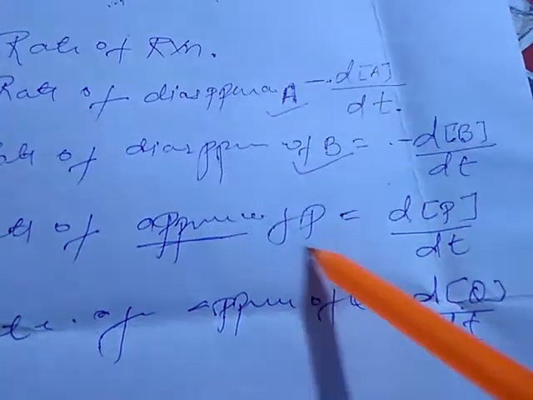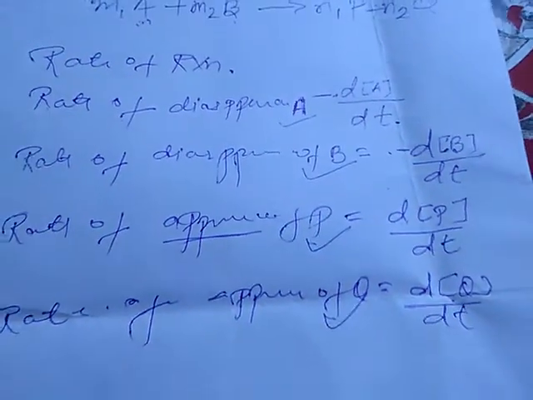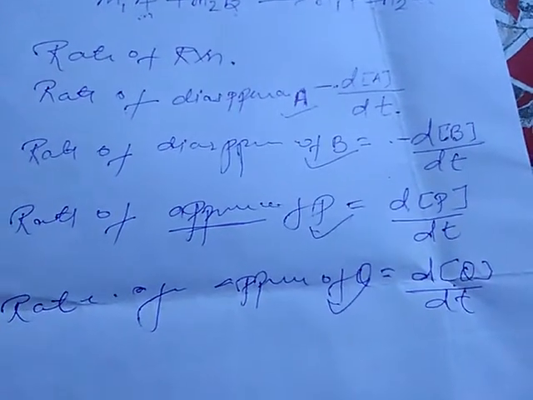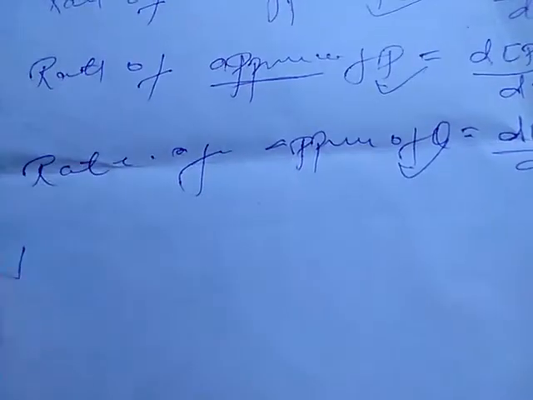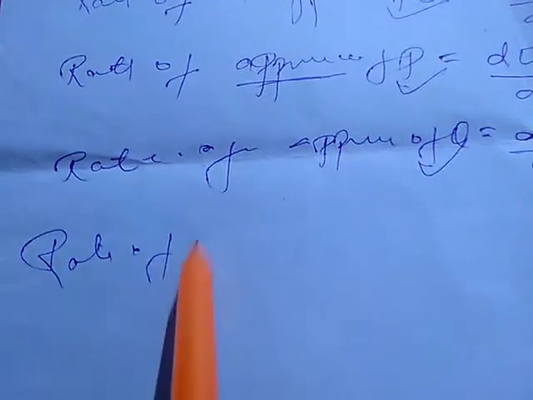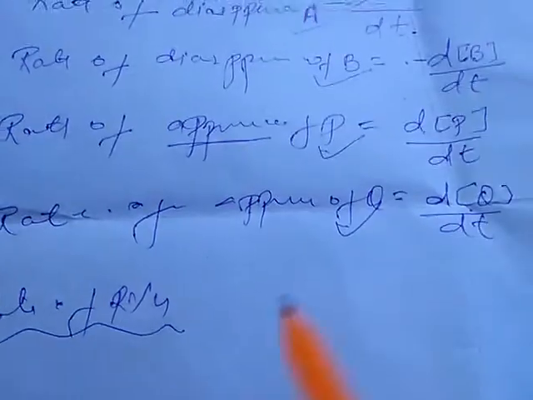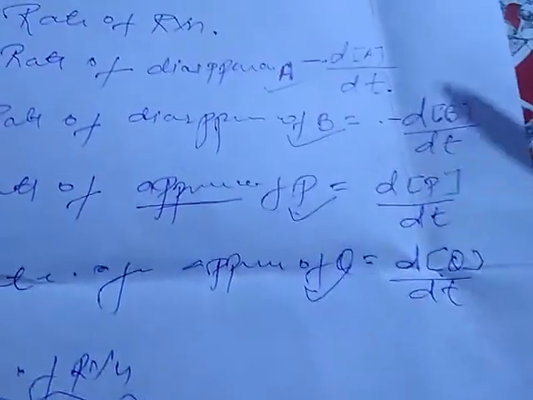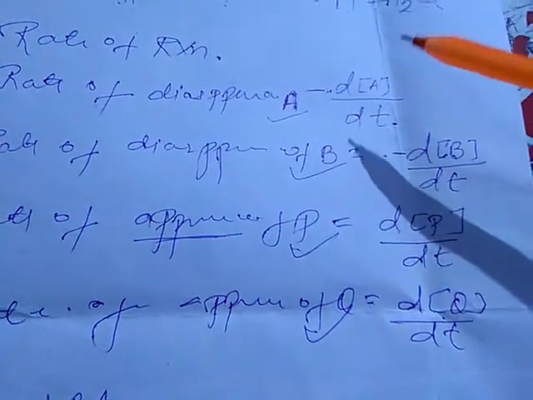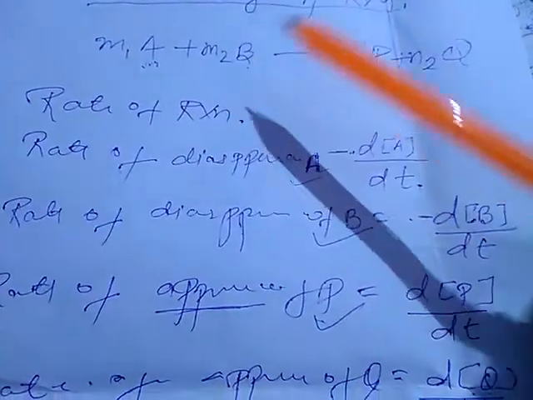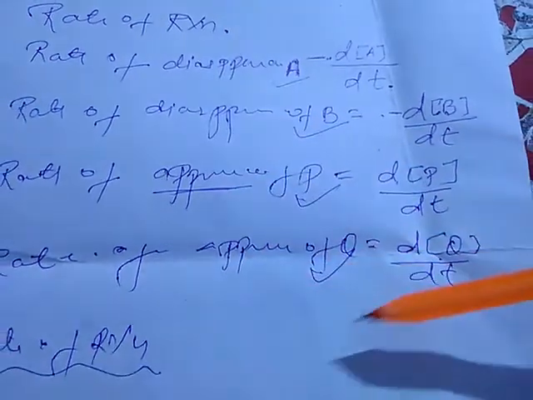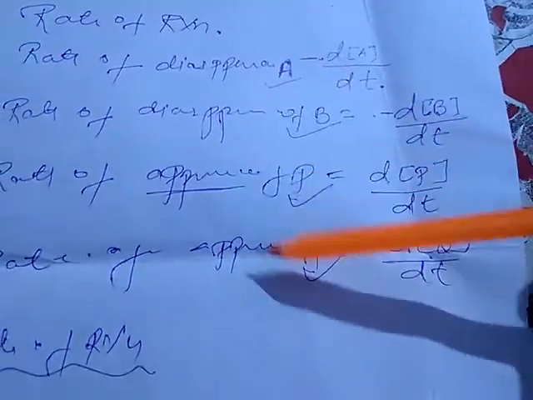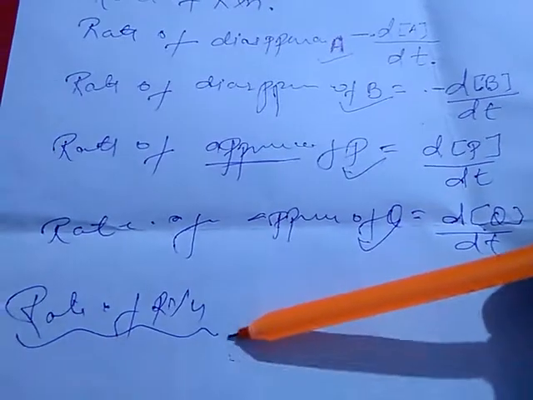These two are reactants and these two are products. But for finding rate of reaction, stoichiometry will be used. So rate of reaction will be calculated on the basis of concentration of the reactant or the product. We can take any one of them to calculate the rate of the reaction.